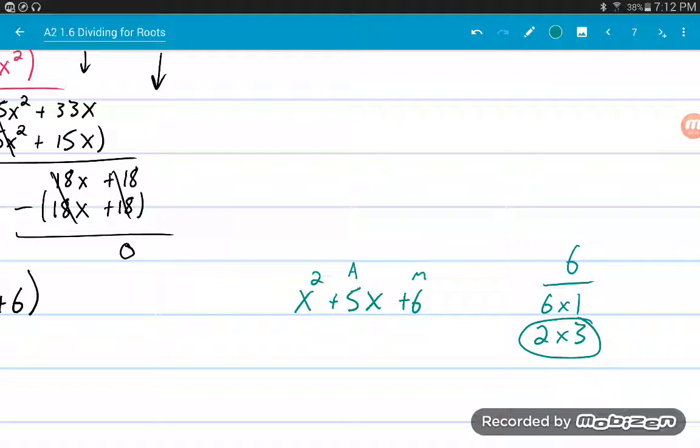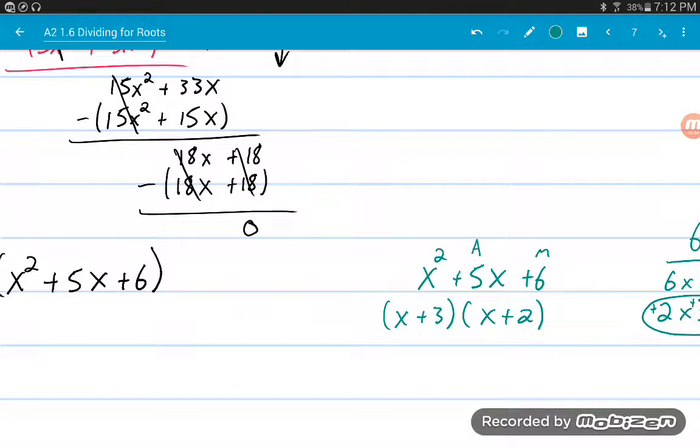Well, it's 2 and 3. So with those two numbers both being positive, we're going to put them in parentheses like this. x plus 3 and x plus 2. The order doesn't matter. 2 could go first, 3 could go first. So that's what that's equal to. If I multiply these two back together, I would get that right there.